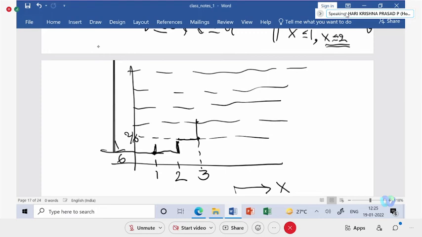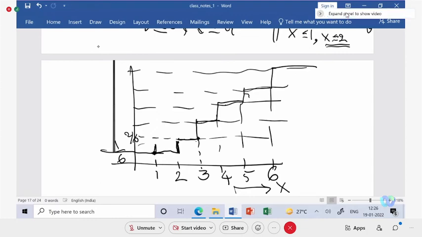What is this graph? Whenever the variable X takes a value exactly equal to 1, there is an event happening.